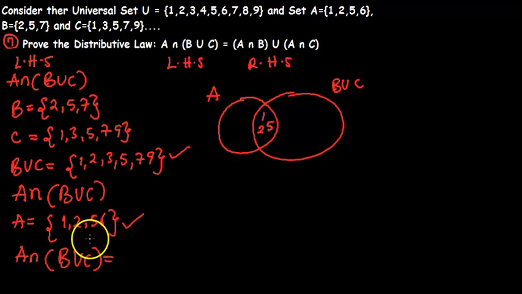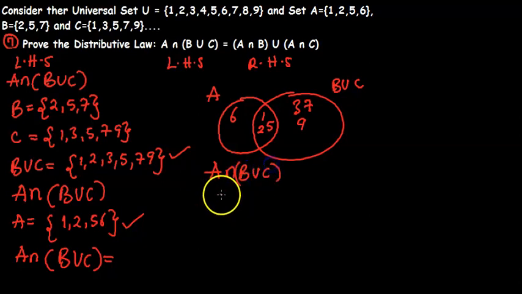In this case, we are going to have 6 on this side. Apart from 1, 2, and 5, what other elements do we have in B union C? We are going to have 3, 7, and 9. So we can conclude that A intersection (B union C) is simply going to be 1, 2, and 5.